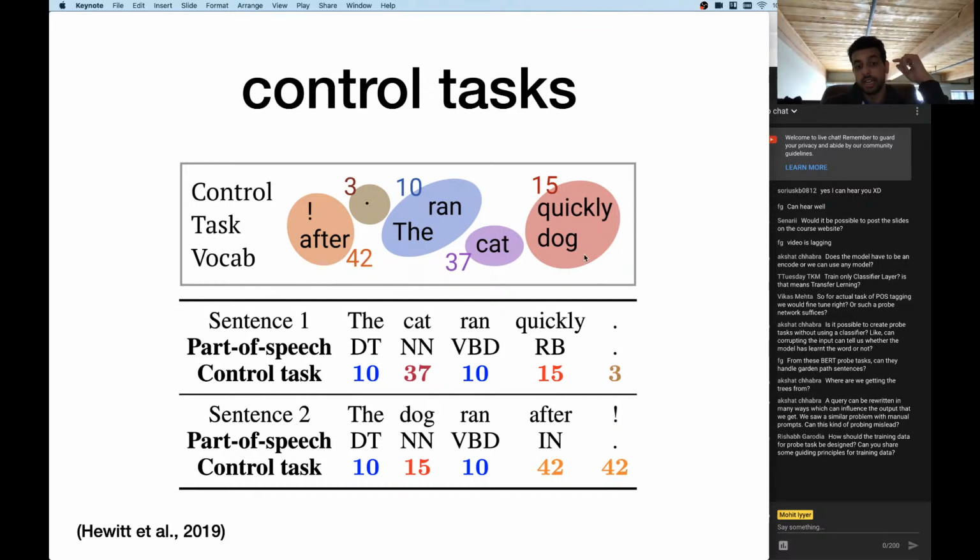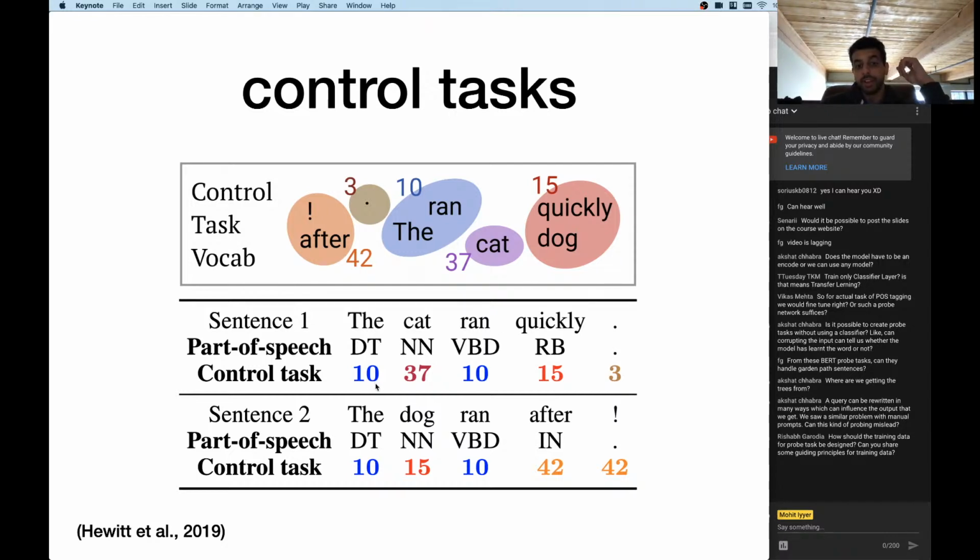And here in label 42, we have an exclamation mark and after, even though those are obviously different parts of speech. So basically what we're going to do is train one classifier for part of speech tagging and one classifier for this control task, which is just given the representation of this word, can we predict which of these random groups it belongs to?